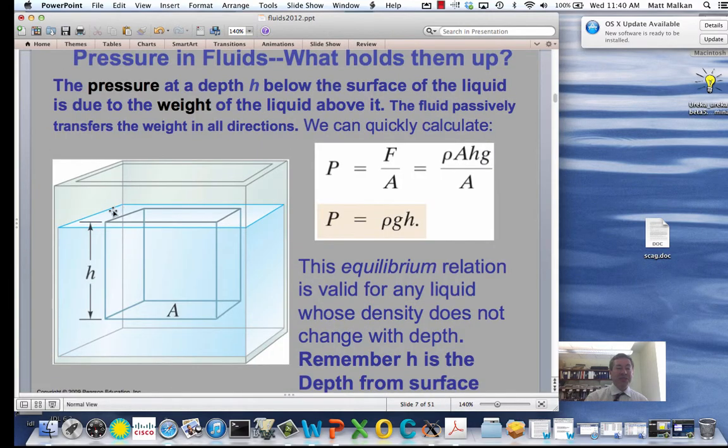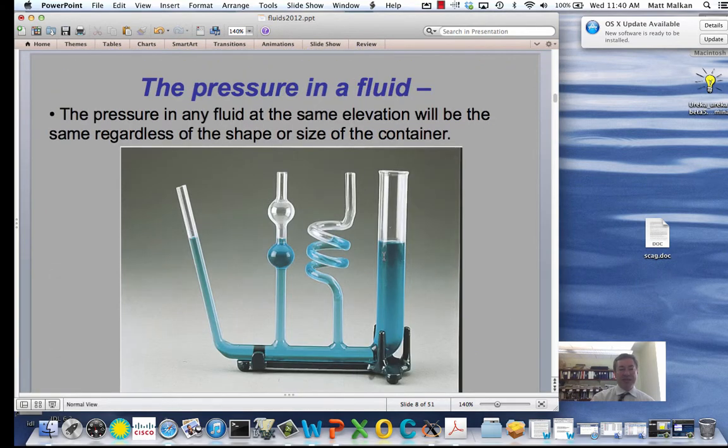So let me just go back to the other side. That's why the surface of water is always flat. It's always the same distance away from the center of the Earth, from the direction gravity is pointing. So that's true in this next slide too. Here, all of these tubes, then the fluid has to rise to the same height because they're connected at the bottom. What would happen if, weirdly, this tube were lower?